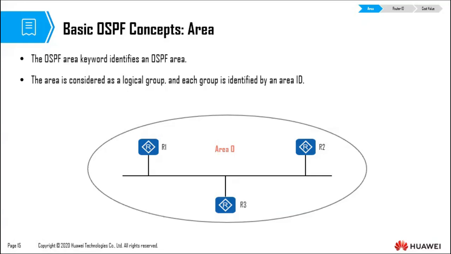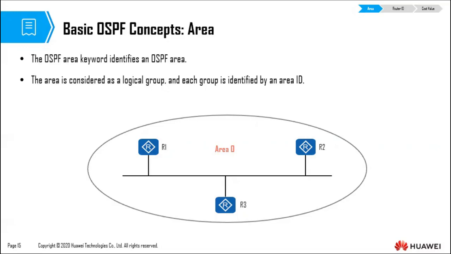So are you getting the point why you must create area 0? What I mean is you can create area 1, yes, and it will work. But when you want to expand, then what? Are you seeing the point? When you want to expand, then what? Because you cannot directly connect area 2 to area 1.